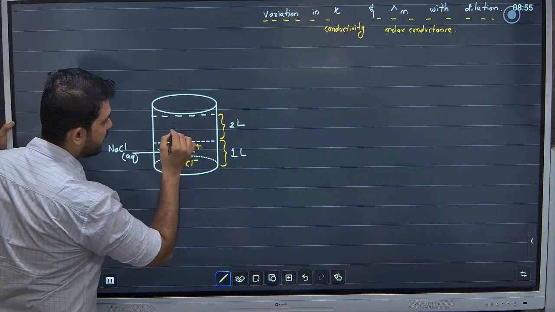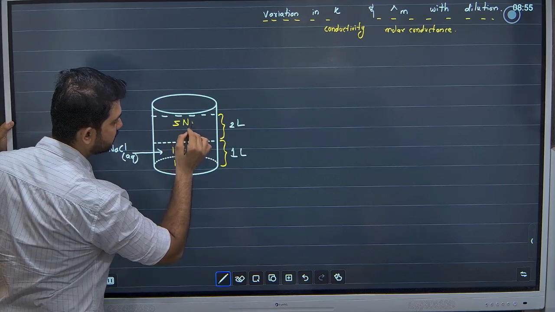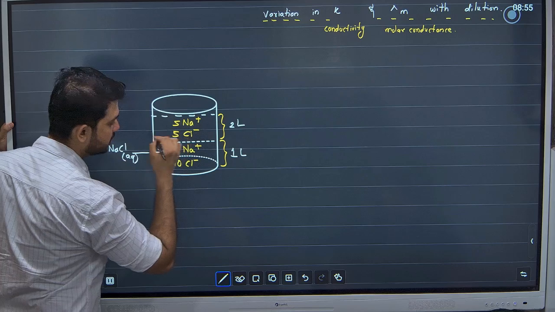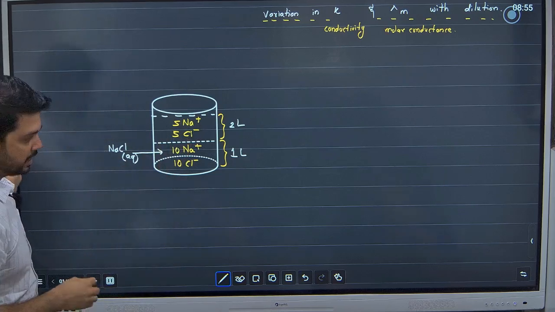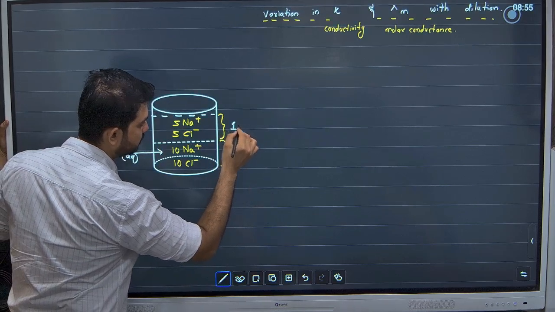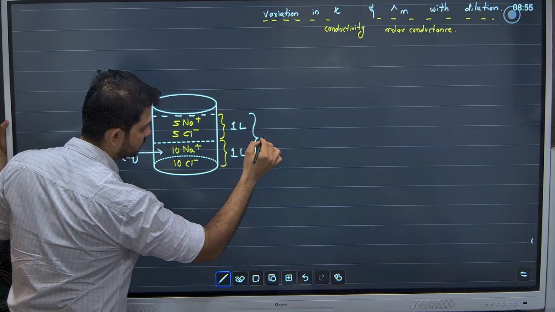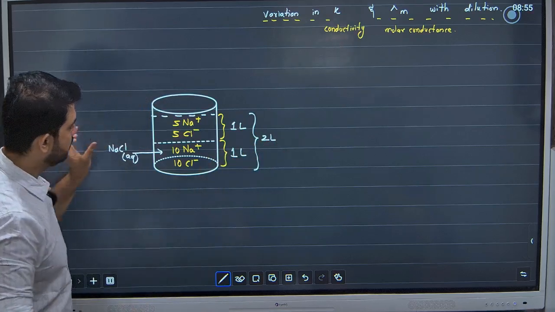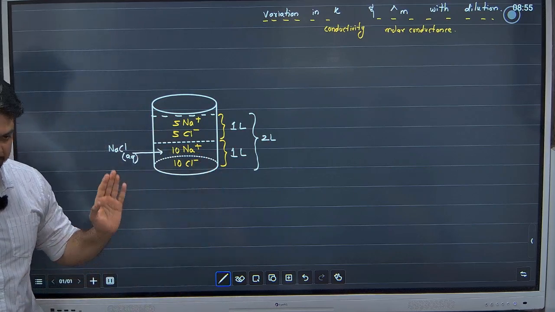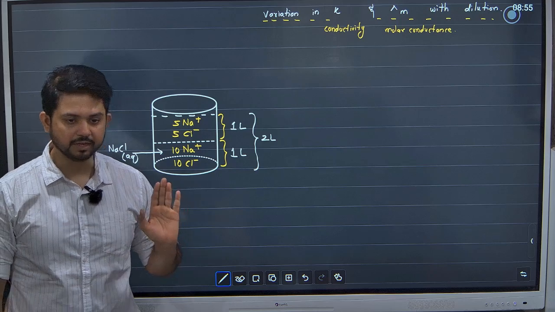Let us say I get 5 more ions of Na plus and 5 more ions of Cl minus. Now what is the total volume? 2 liters. What is the total number of ions? 15. I have 15 ions of Na plus and 15 ions of Cl minus.